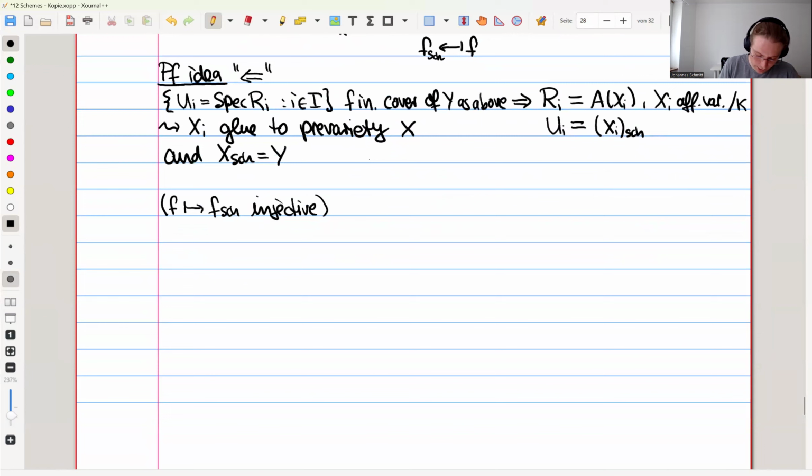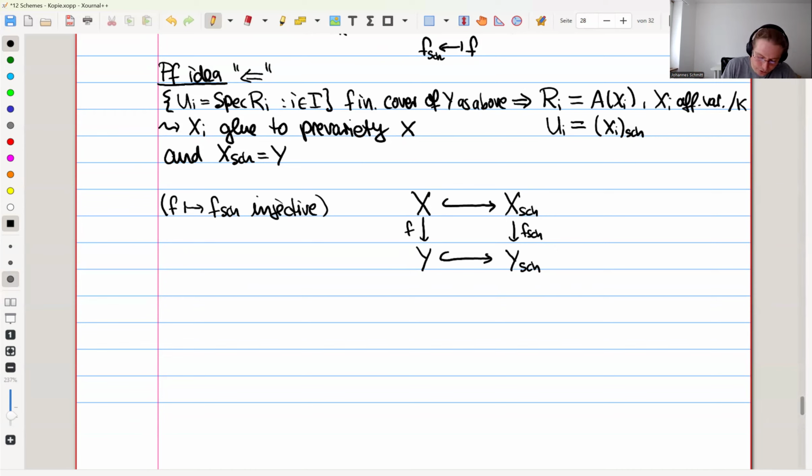And this is actually not super hard because, well, let's write down these two maps. So somehow we have f from X to Y, and then we have f scheme from X scheme to Y scheme. If we want to say this is injective, then we need to show this here determines f. So we can reconstruct f like this. And this is actually very simple because we can find injective maps here and here.